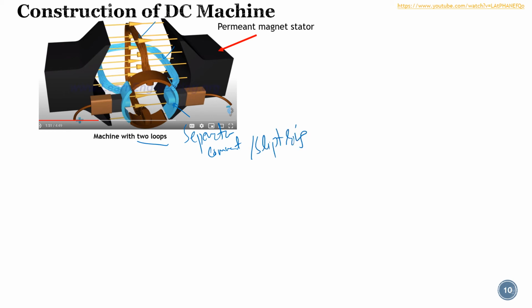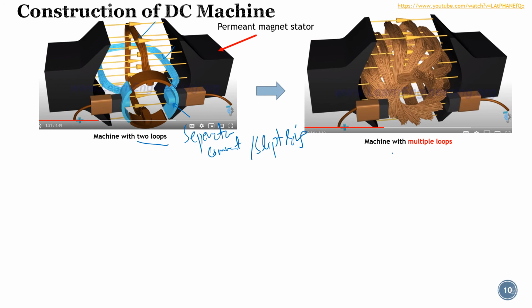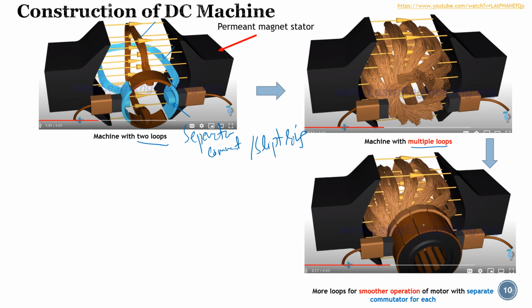Similarly, if I add more loops here, as in an actual practical machine where we have multiple loops, we will use multiple split rings, a separate commutator for each loop. The purpose of using multiple loops is to smooth the operation of the motor.